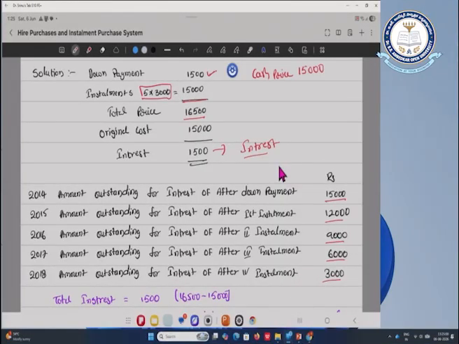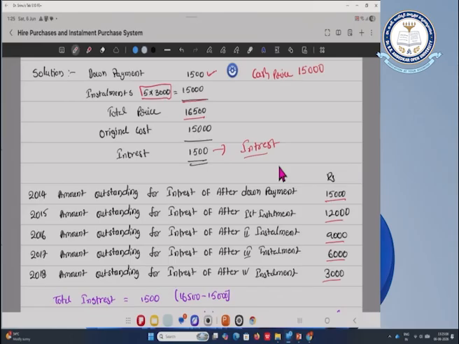That is 15,000, 12,000, 9,000, 6,000, 3,000. So the first year balance is 15,000, second year 12,000, third year 9,000, fourth year 6,000, and last year 3,000.